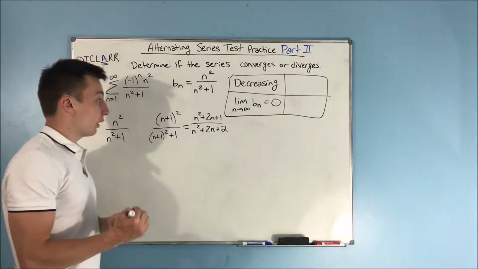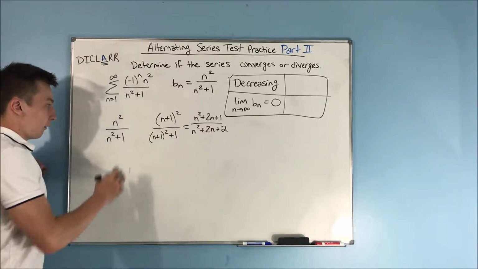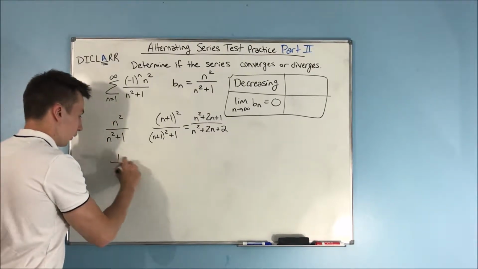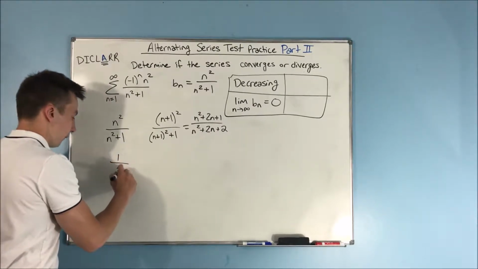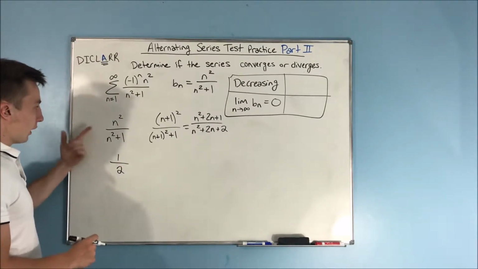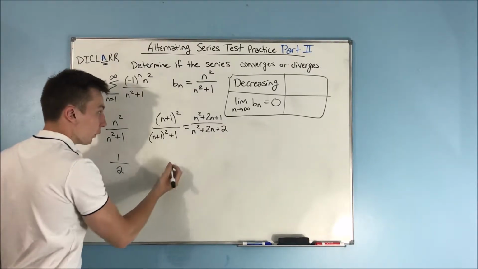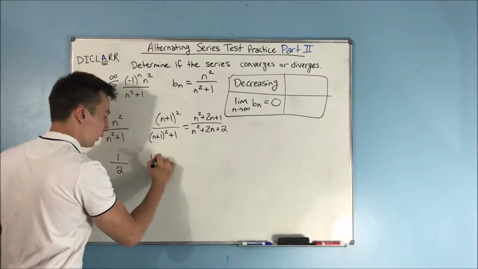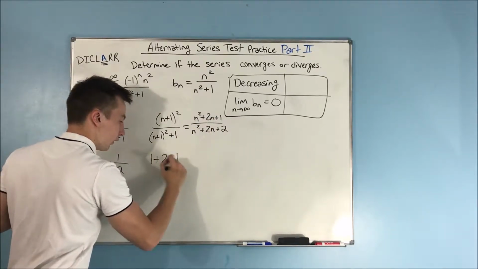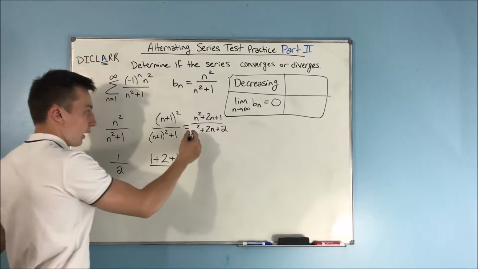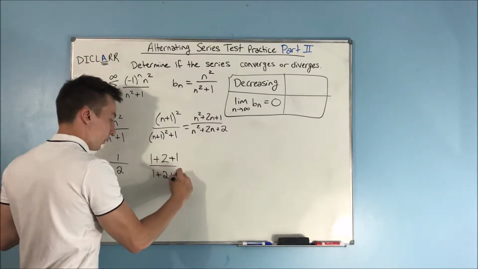Let's plug in 1. First off we have n squared, that's just going to be 1, over n squared plus 1, that's just going to be 2, so 1/2 here. We just plugged in a 1 for n. Now over here, we have n squared, that'll be 1, 2 times 1 is 2, plus 1, over 1 plus 2 plus 2.